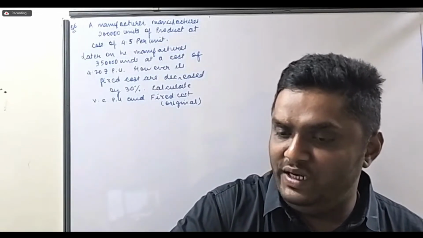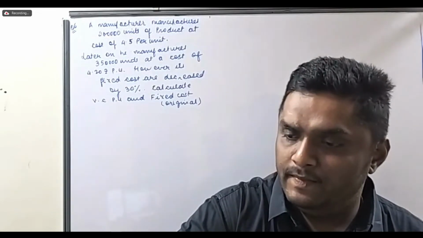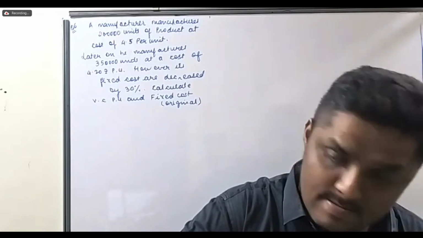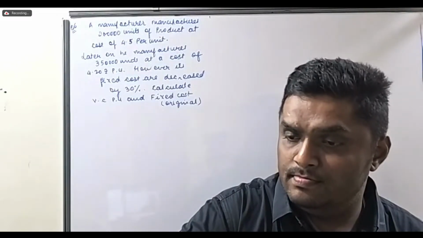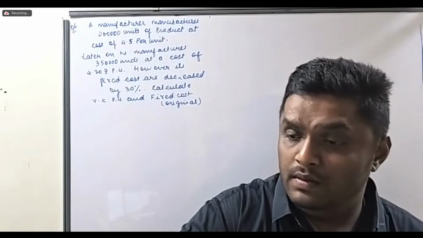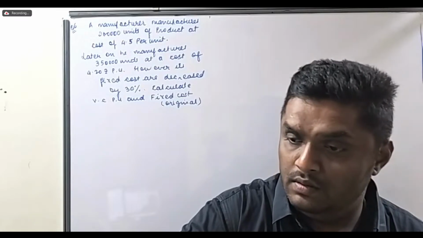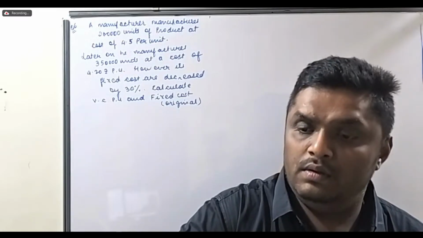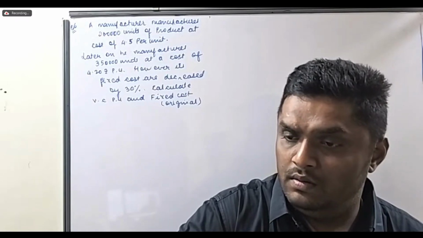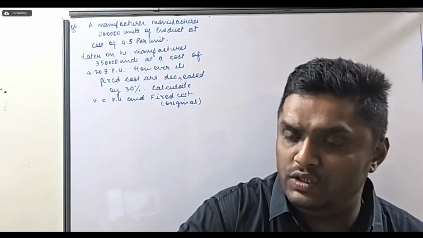A simple mathematics. So what will be the variable cost per unit and the fixed cost? Sorry, total fixed cost. Waiting for your answers, guys.